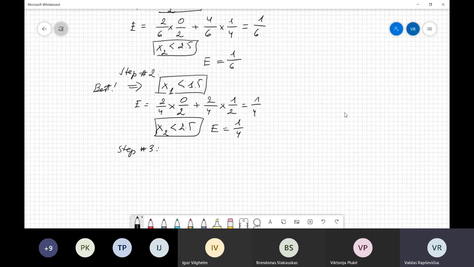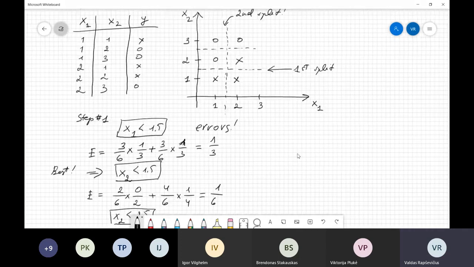Okay, so the only split possible is x2 less than 2.5, right? And this will gain us an error which is equal to 1 out of 2 times 0, 0 of 1, right? Plus 1 out of 2 times 0 of 1 equals 0. So basically, we've got to the best situation possible.